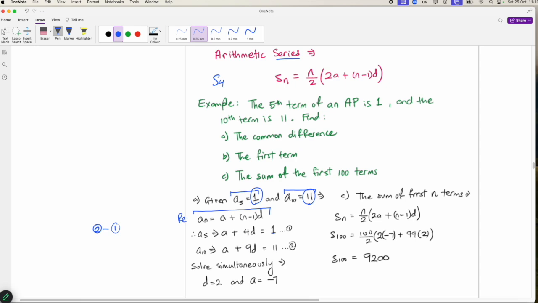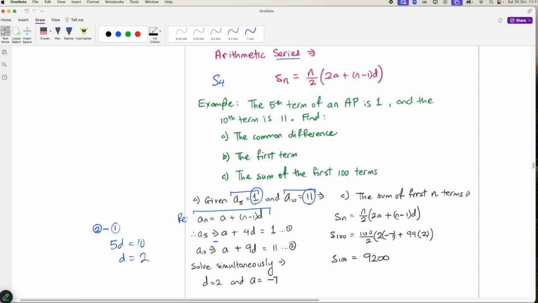So equation 2 minus equation 1: a minus a, the a's are gone, and you will get 9d minus 4d, which is 5d, and 11 minus 1 is 10. So you end up with 5d equals 10, d equals 2, and then you sub d equals 2 into any one of the equations, and you should get a is negative 7.